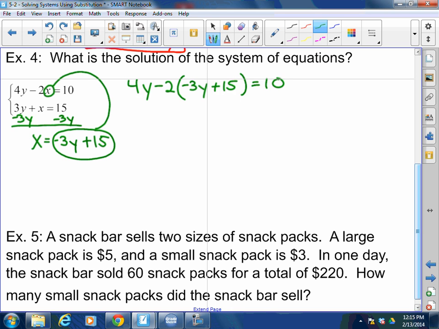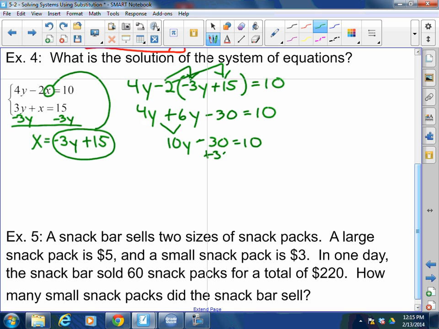Solve for y. 4y plus 6y minus 30 equals 10. 4y plus 6y is 10y minus 30 equals 10. Add 30 to both sides. 10y equals 40. Divide by 10.